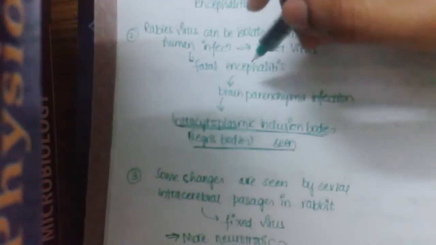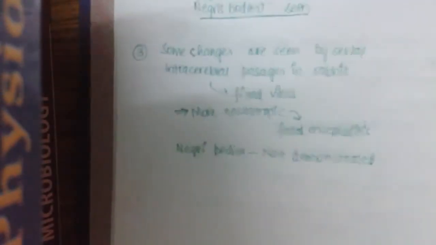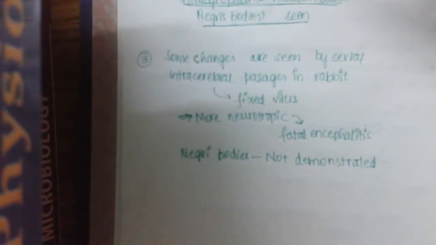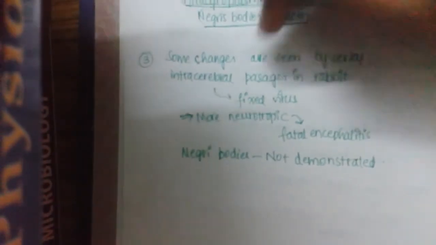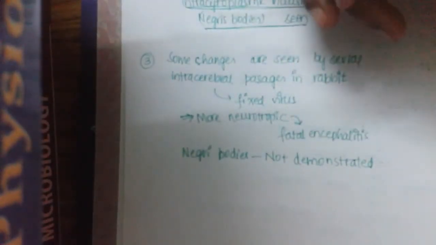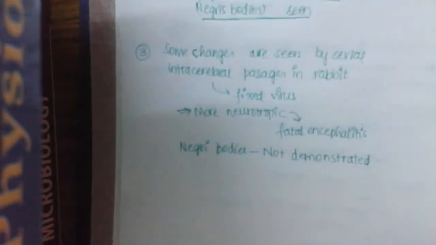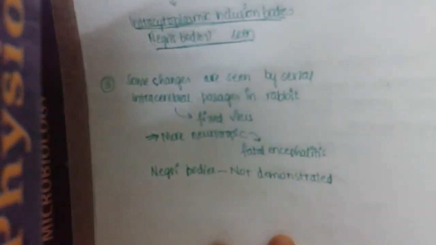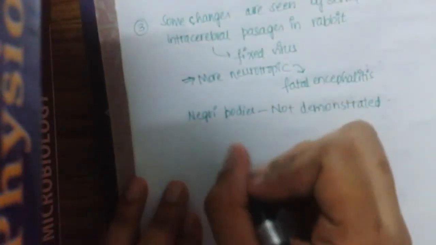When you take a cross section of the brain, you can find intracytoplasmic inclusion bodies, which are Negri's bodies. And if it is inoculated into rabbit, then some changes will be seen, because in rabbits it slowly goes through intracerebral passages. So this is called fixed virus. Here it causes fatal encephalitis, but it does not produce any Negri's bodies. All the reasons for why not will be dealt with in medicine class, which is tomorrow, most probably.